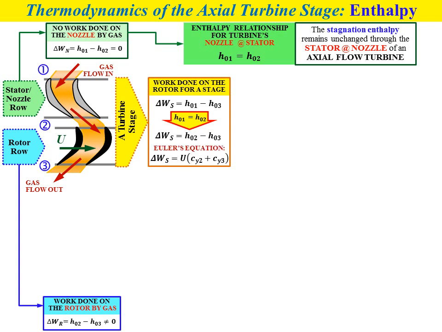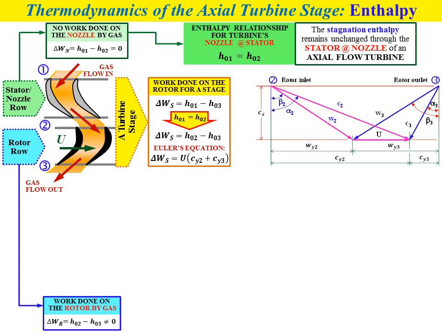If you refer to the Euler equation that we learned in the previous chapter, the work done on the rotor for a stage is also equal to U multiplied by Cy2, the Y component of the C2 vector, plus Cy3, the Y component of the C3 vector.